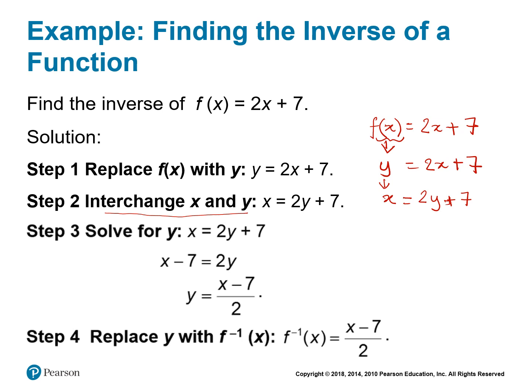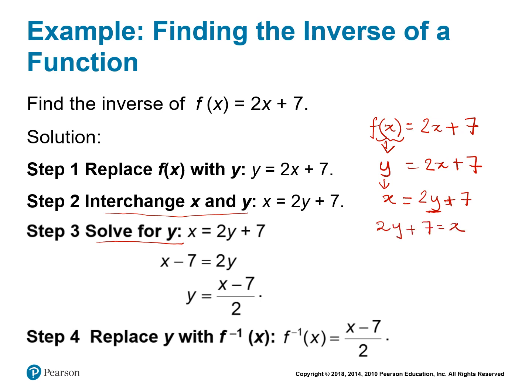So in the next step, they said solve for y, and now is where algebra comes in. We have to solve for y, which has taken the place of x. Solve for y means y by itself on one side, everything over to the other side, right? So I'm going to rewrite this equation as 2y plus 7 equals x.